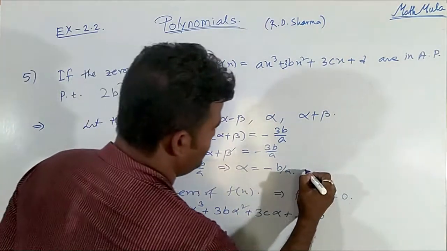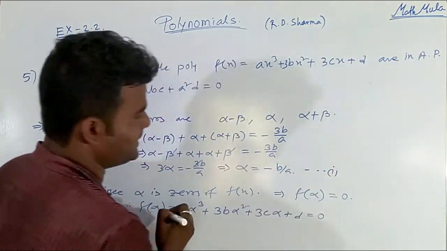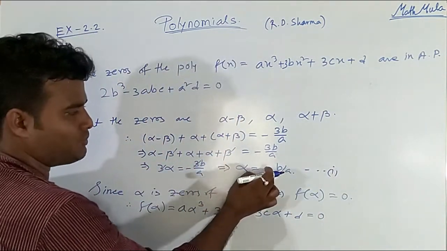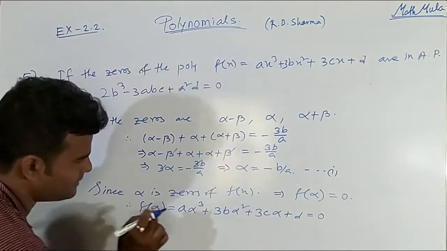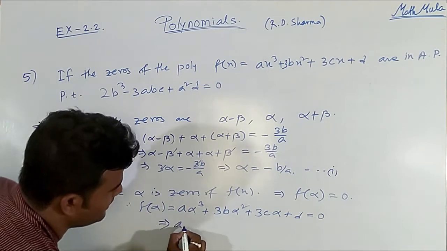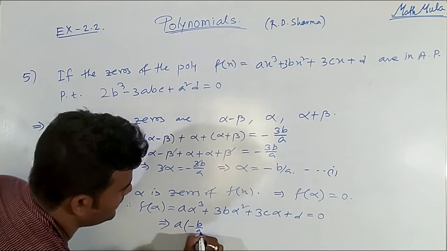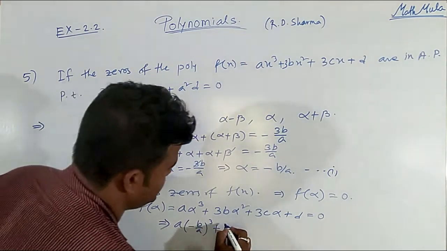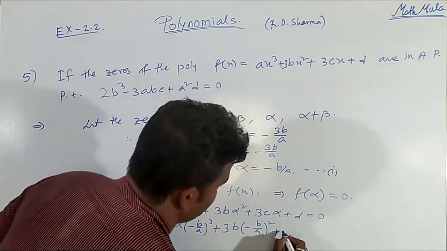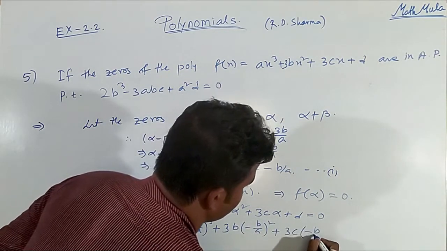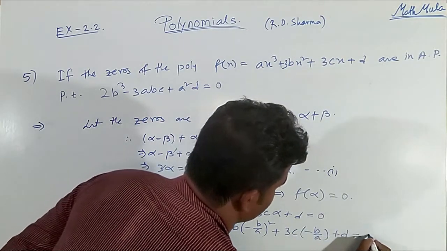Now from 1 we can say the value of alpha is equals to minus b by a. Now put this value of alpha in this equation. Then we get a of minus b by a whole cube plus 3b of minus b by a whole square plus 3c of minus b by a plus d is equal to 0.